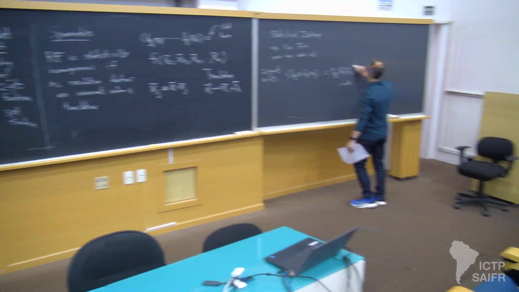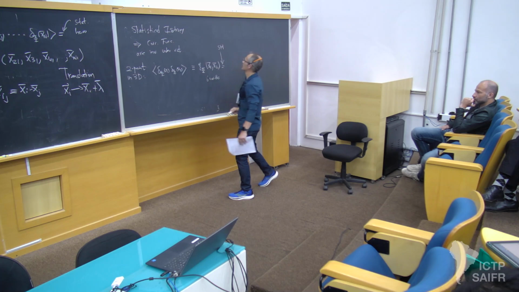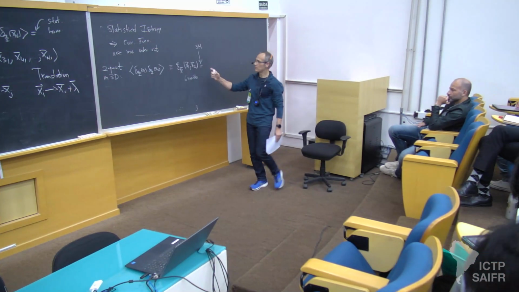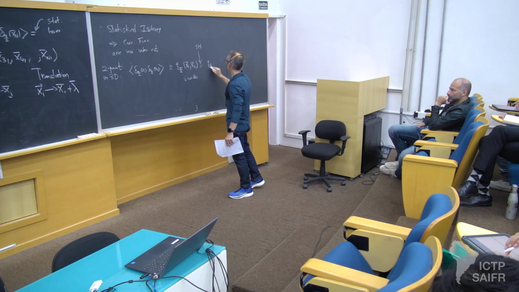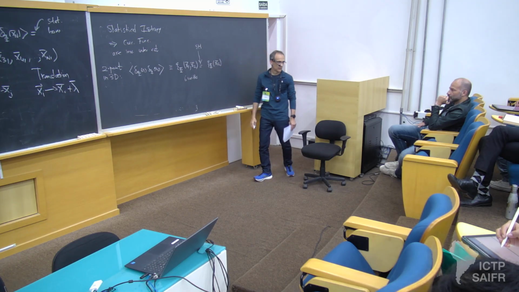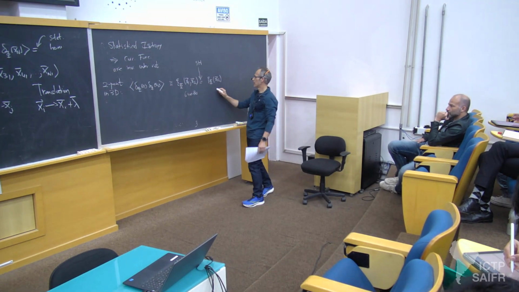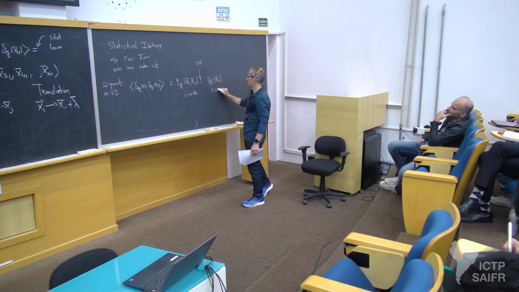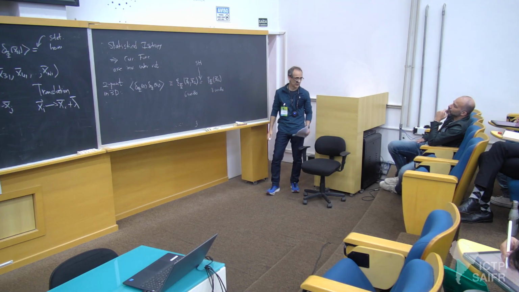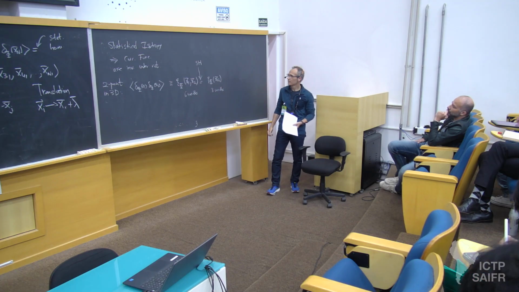Now if my field is statistically homogeneous, I'm invariant under translations. This becomes only a function of the relative coordinate. And you can see automatically I halve the number of variables that I need to describe my two-point function. Big, big saving there, okay?